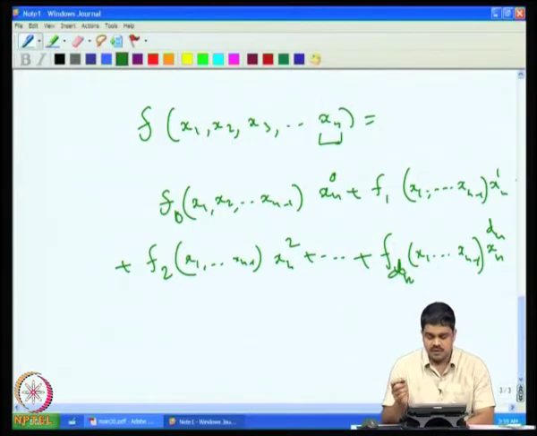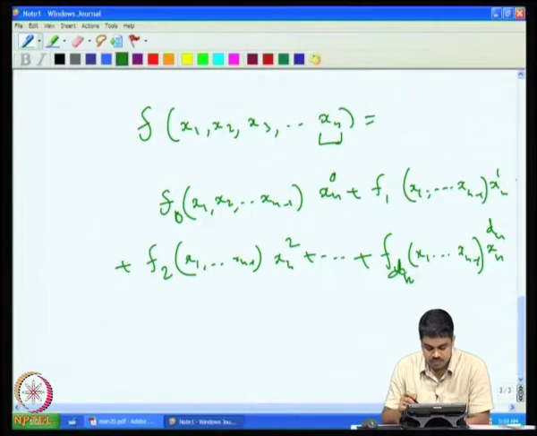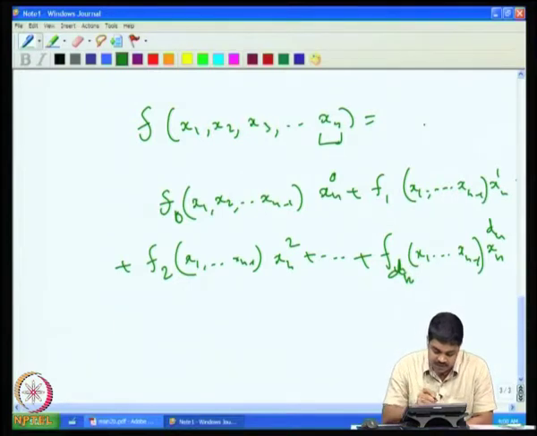Now, because the one variable case is familiar and known, we can use this to infer the following.